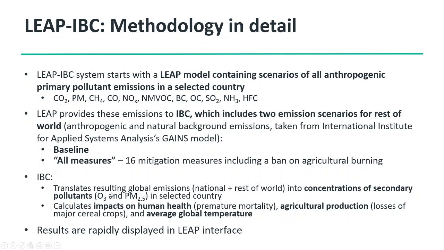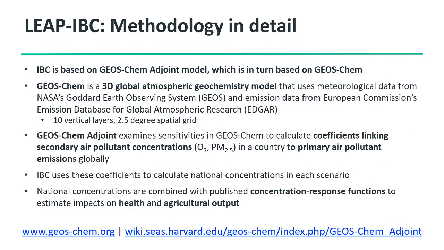The IBC module then takes these emissions that we calculate for our city and the rest of the world into the concentrations of PM2.5 and calculates the impact on human health and global average temperature change. And this is all then displayed in LEAP so that you don't need to go to a separate program. This is calculated automatically and fed back into LEAP.